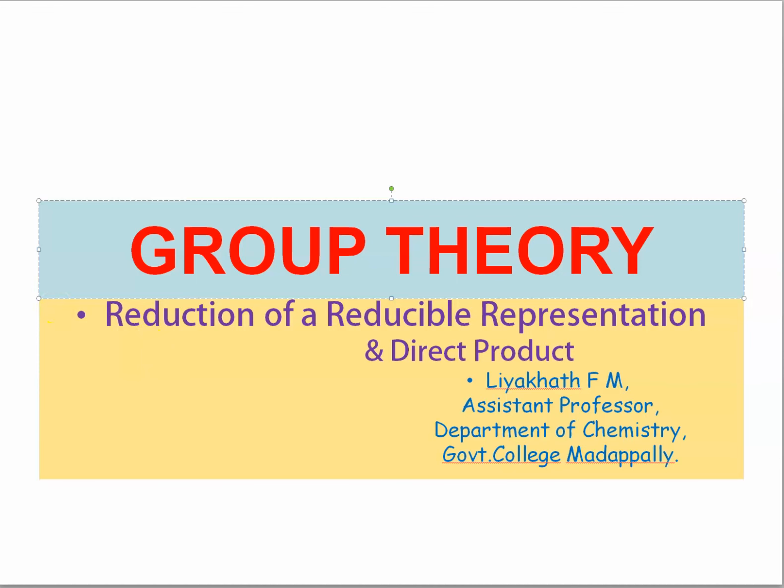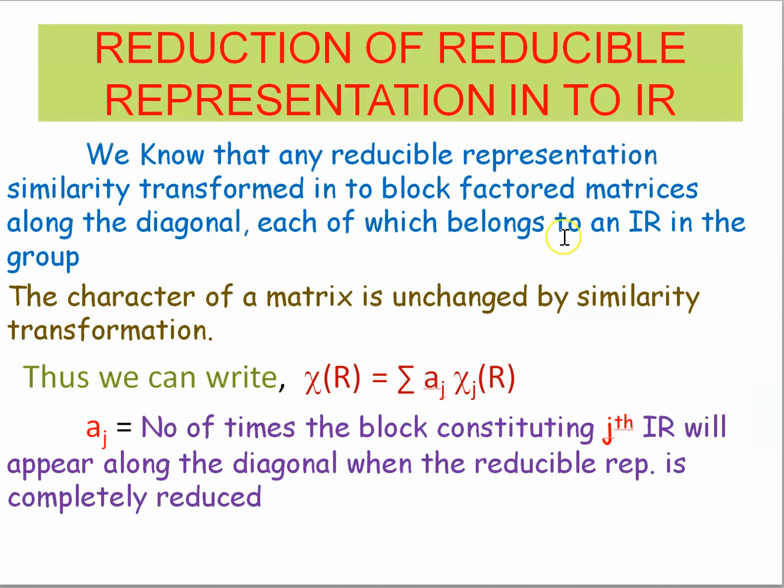First we are going to discuss the reduction of a reducible representation into irreducible representations. We know that representations are of two types: reducible representation and irreducible representation. We know that irreducible representations are more important.